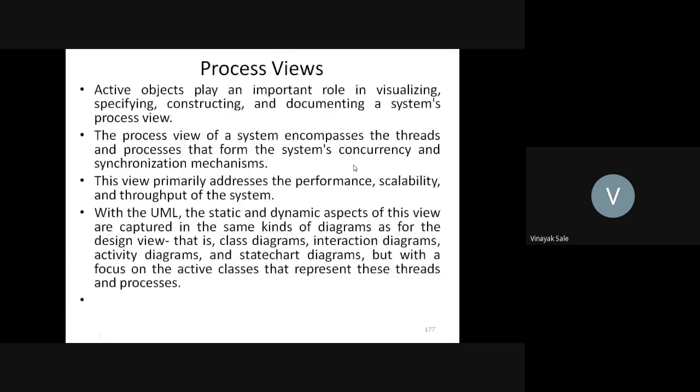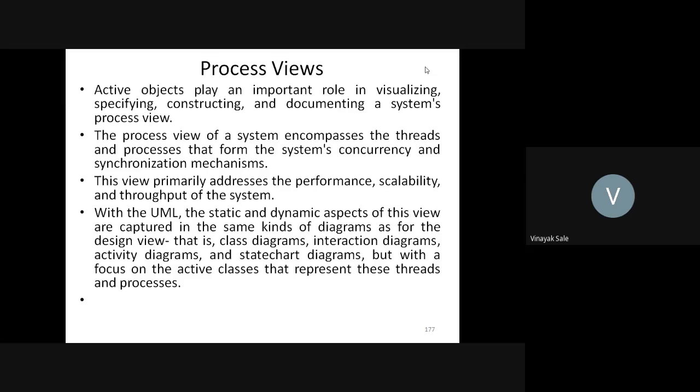So what is the process view? Active objects play an important role in visualizing, specifying, constructing and documenting a system's process view. A process view of a system encompasses the threads and processes that form the system's concurrency and synchronization mechanisms. This view primarily addresses the performance, scalability, and throughput, that is the output of the system.